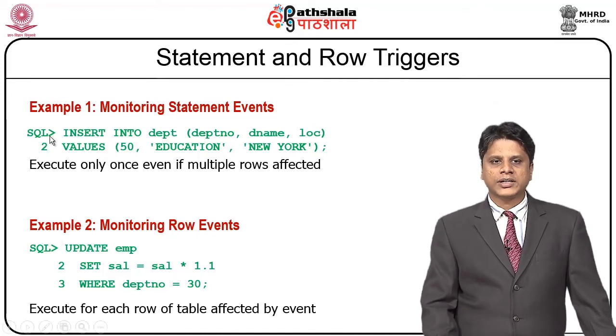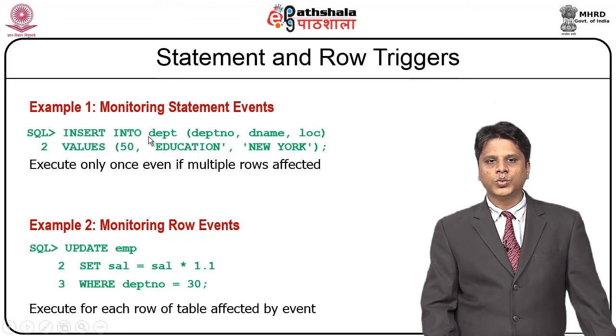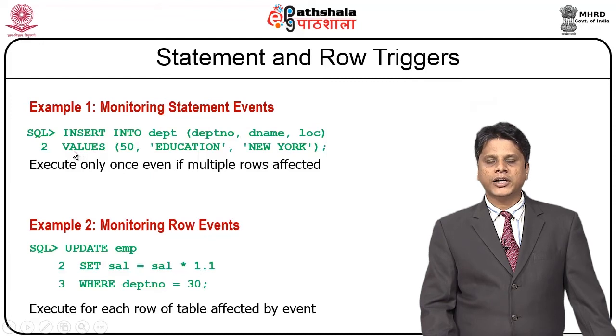Suppose I use a SQL command, insert into department having attributes department number, department name and location, and the values to be inserted are 50, the department name Education and the location New York. Here, the 2 indicates line 2 in the SQL command prompt.